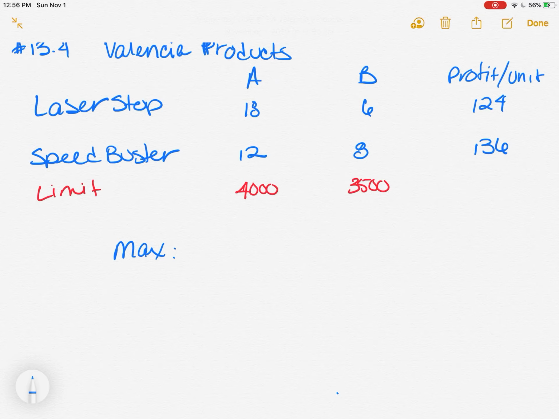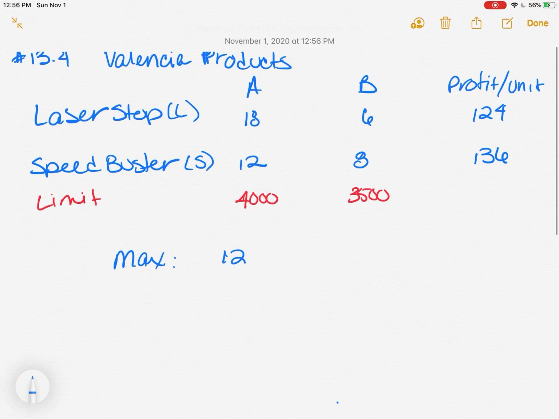Again, I'll call the laser L, and I'll call the speed buster S. So we're going to maximize $124 of L plus $136 of S, right?